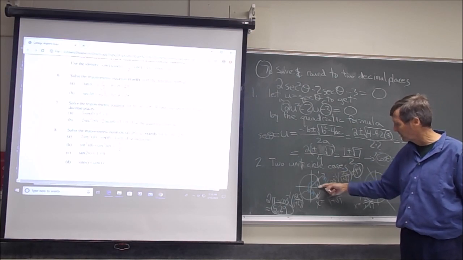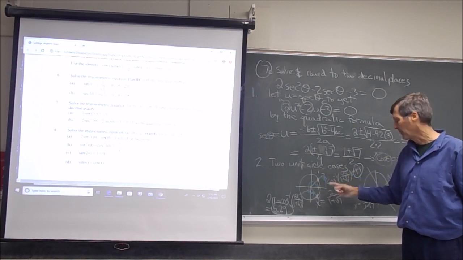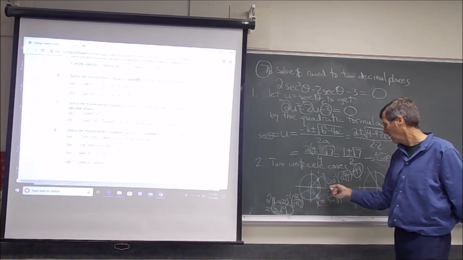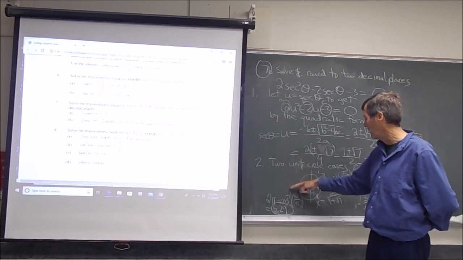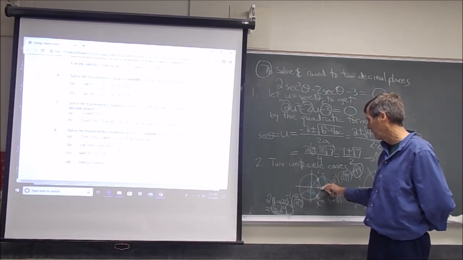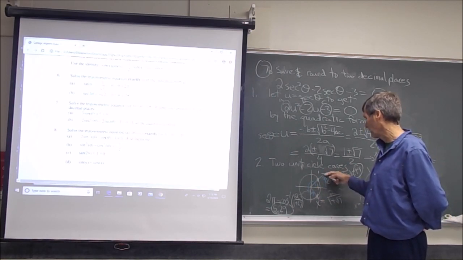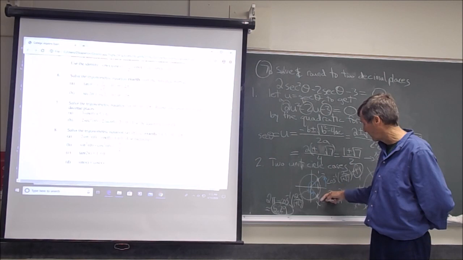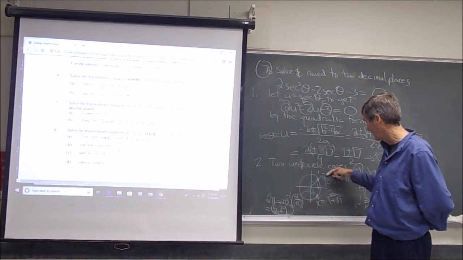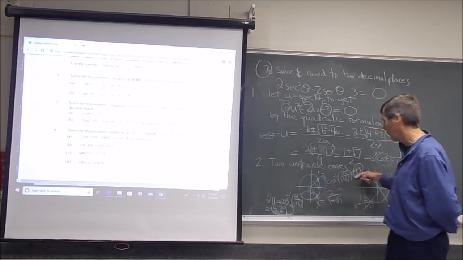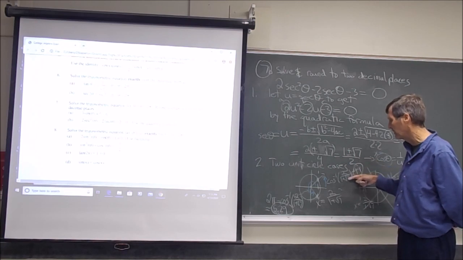Is it this one or is it this one? Well, remember the arc cosine always has to be between 0 and pi, so it must be this one. It's not around here or down here. So the arc cosine is this one, and then what's the other one? By symmetry, this angle has to be the same as this one, the arc cosine, which is about 0.99 if you run it in your calculator.